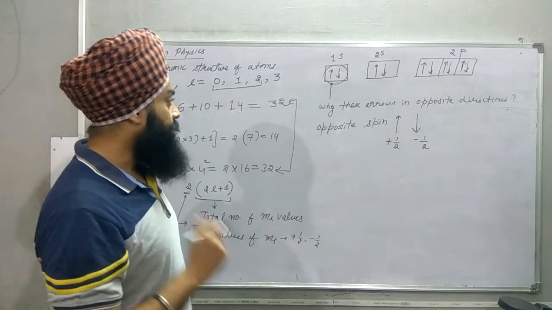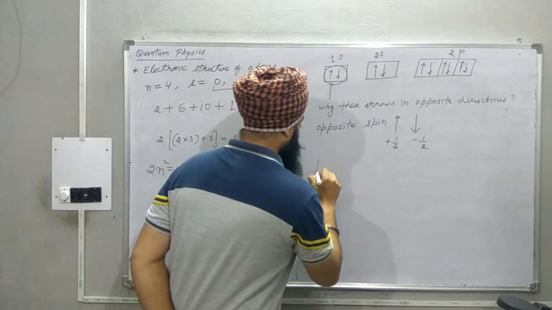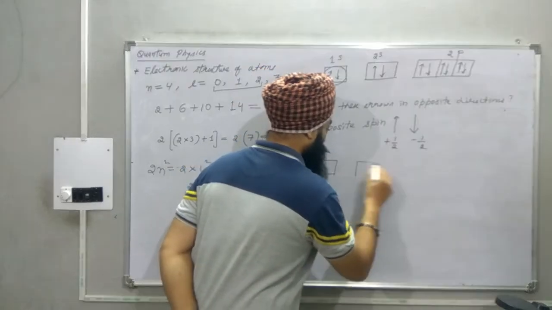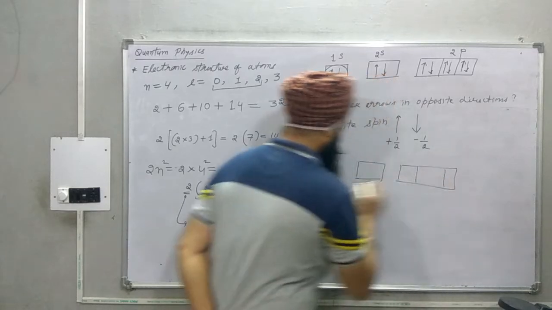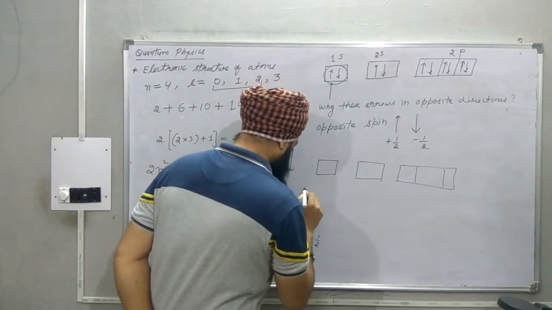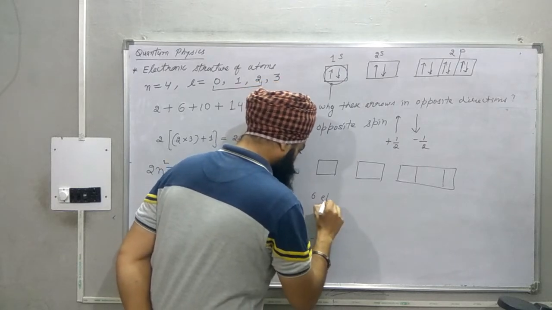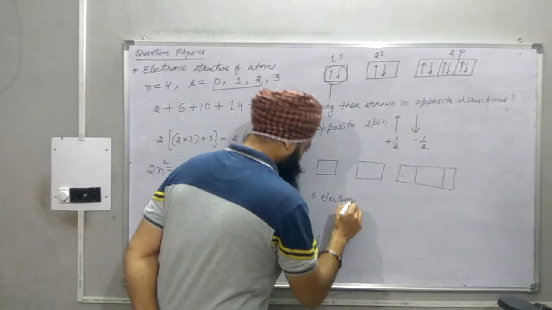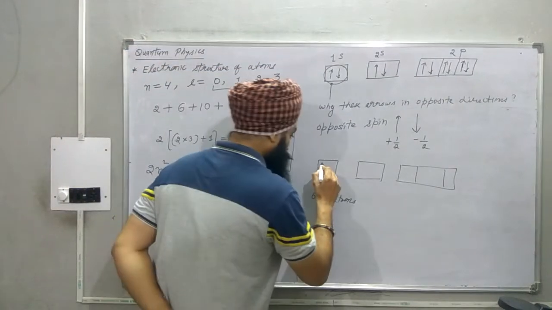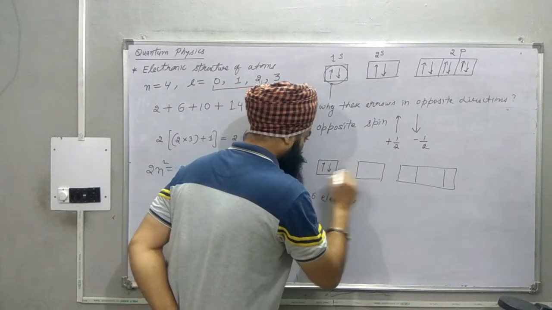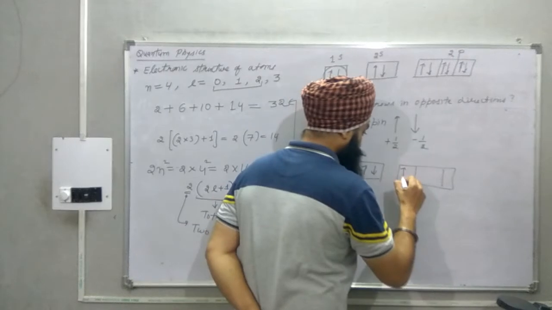Okay, so the second question appears: let us say we have a total of 6 electrons, then how do we arrange these electrons? We can write like this.